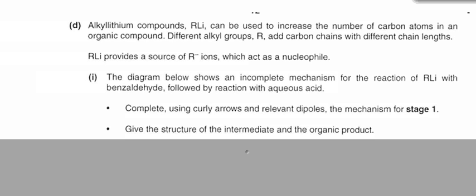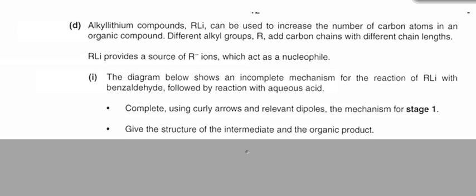And here we're thinking with these R- ions acting as a nucleophile, we know about reduction, hydride ions, nucleophilic addition. So it's going to give us the mechanism. We're going to be thinking about applying our knowledge of nucleophilic addition to this mechanism.